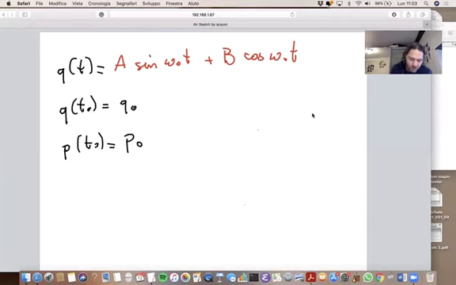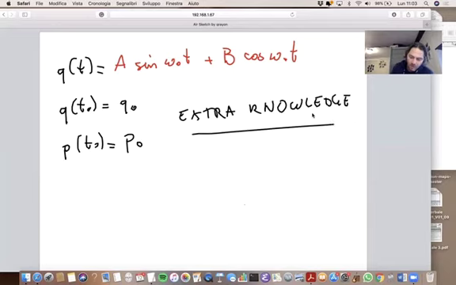Well, how do we use this fact? This is extra knowledge, right? And we need that knowledge if we want to solve the problem of predicting the future of the particle. We need extra knowledge of what is called the initial condition.